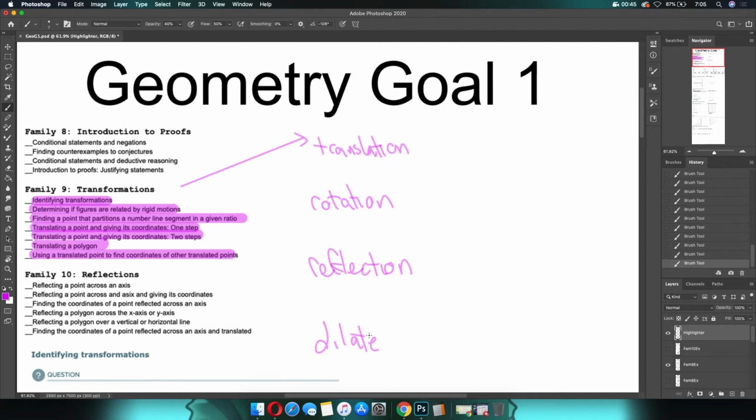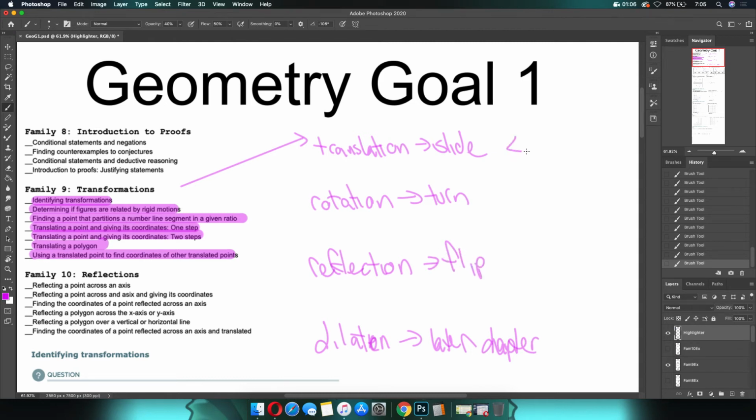We're going to save dilation. That one is a later chapter, so we're going to talk about that in a different video. But to translate means to slide, to rotate means to turn, and to reflect means to flip.